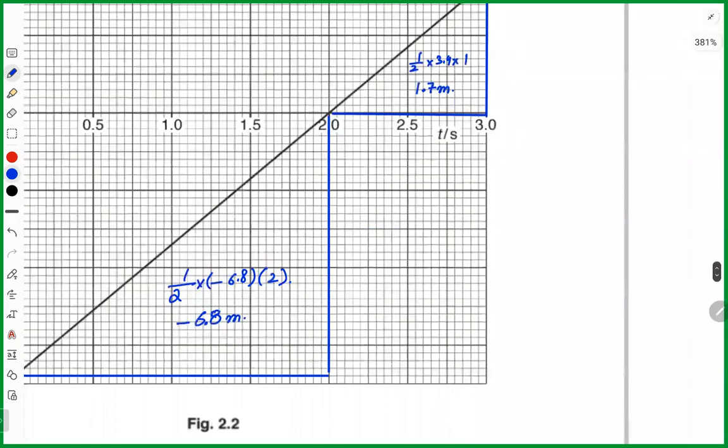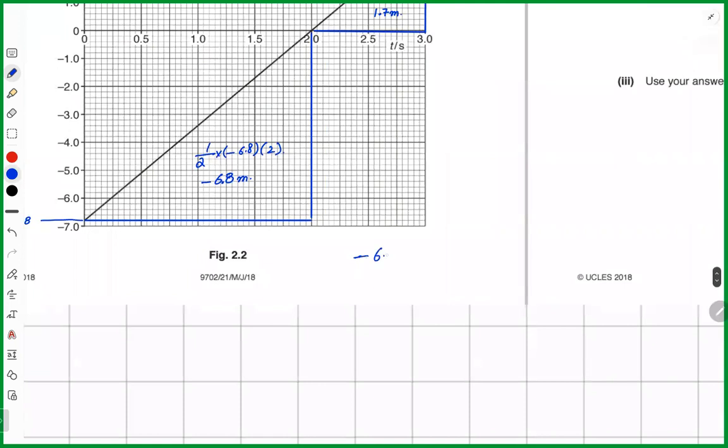So minus 6.8 plus 1.7, we get minus 5.1.